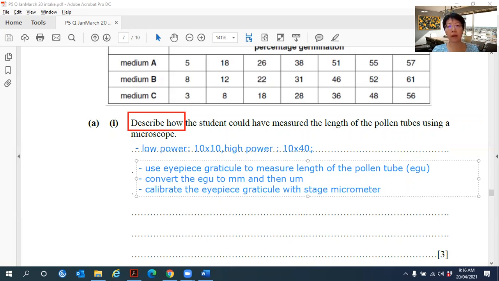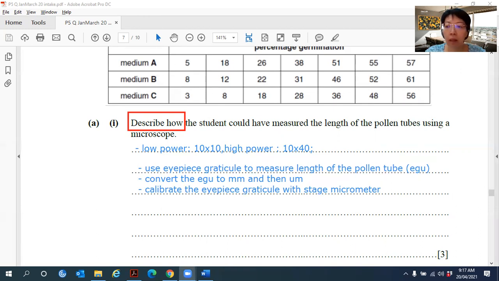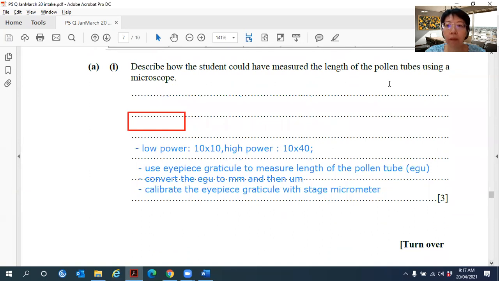Once you calibrate the eyepiece graticule with the stage micrometer, then you can convert whatever eyepiece graticule units, which are arbitrary units, into an SI unit, which is mm and micrometer. This is where the practical technique that you learned in semester 1 can be tested in paper 5. There are some students who are unable to answer this question. Probably they have forgotten about micrometry. So make sure you revise everything that you have learned about practical from semester 1 up to now.